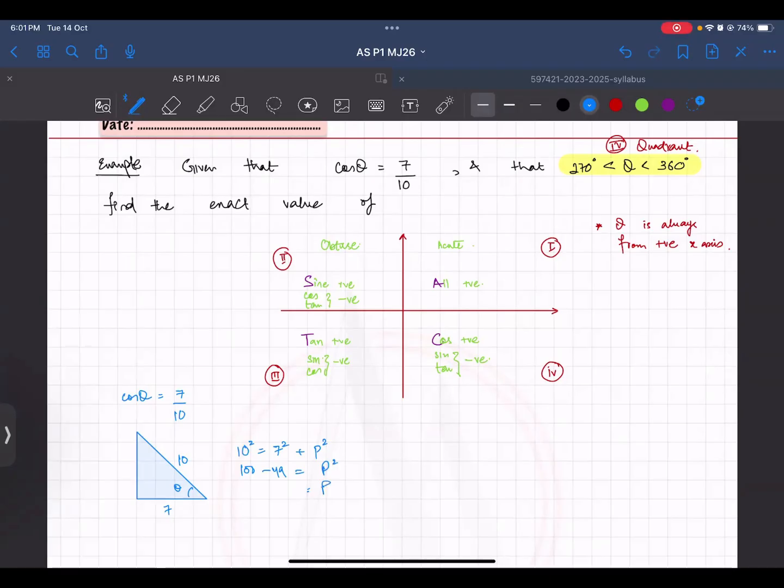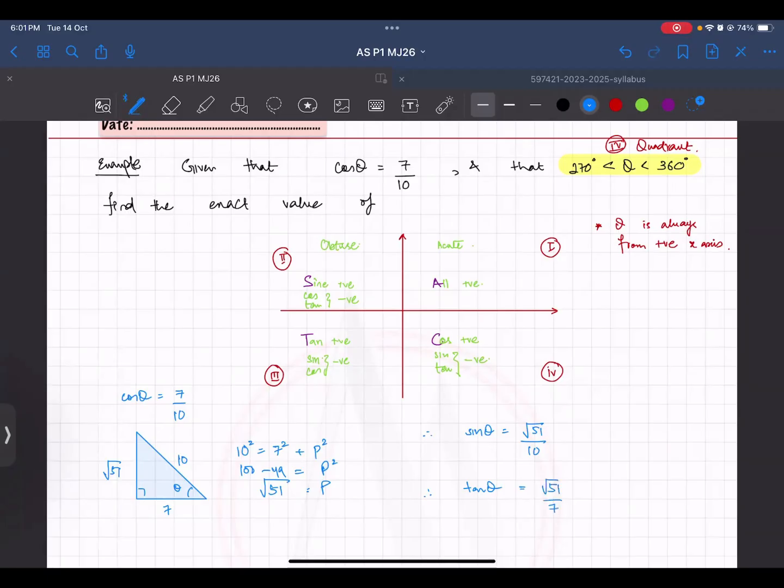So perpendicular would be under root 51. This is the height, the perpendicular of this triangle. Now if I want to find the value of sine theta, it will come out as under root 51 upon 10, and tan theta would be equal to under root 51 upon 7.